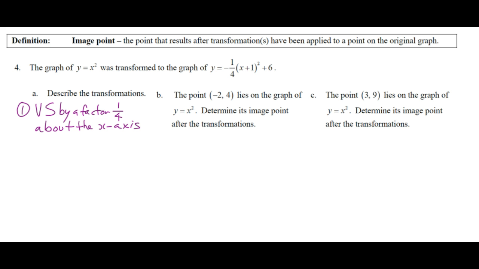If you write a vertical stretch by a factor of -1/4, it'll be a big X through that. So it's a vertical stretch by a factor of 1/4, about the x-axis. Number 2, what's the second one? A reflection in the x-axis. So now the negative comes in.